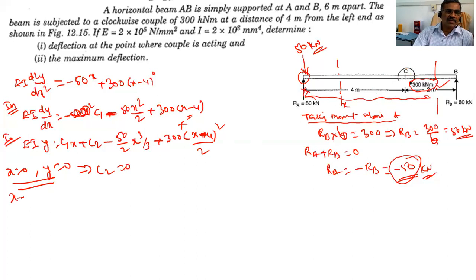Now x is equal to 6. When x is equal to 6, y is equal to 0. If you apply this boundary condition, you can take the whole term. Substitute in this equation.